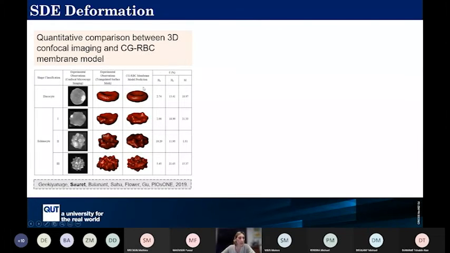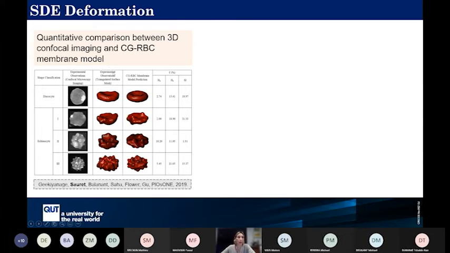And so what we've done is we did some comparison against some experimental visualizations that have been done in our group, and we tried to quantify the difference between our model and this experimental observation. So we used confocal microscopy imaging.